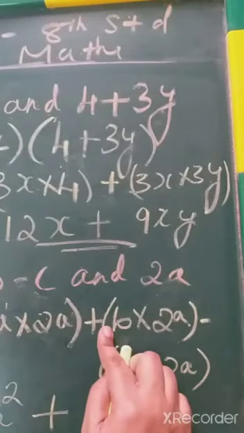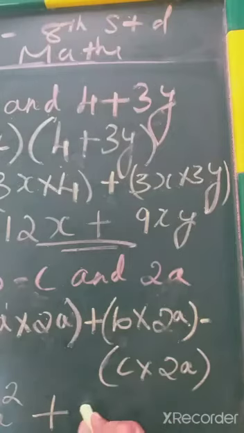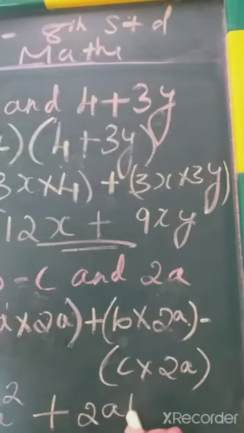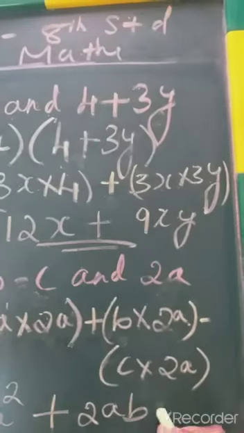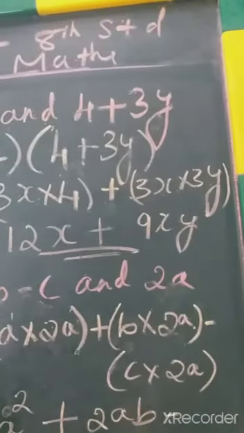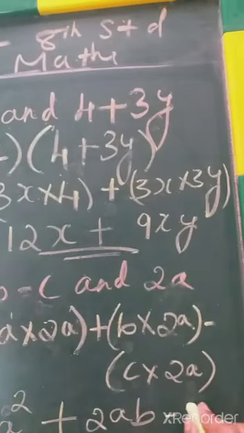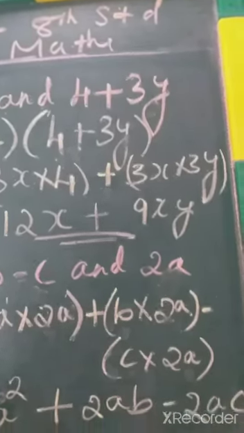So here 1 into 2 is 2, now multiply the number first, b into a is ab or ba. Minus c into 2a: no number means 1 is there, 1 into 2 is 2, c into a is ca or ac. This is your answer.